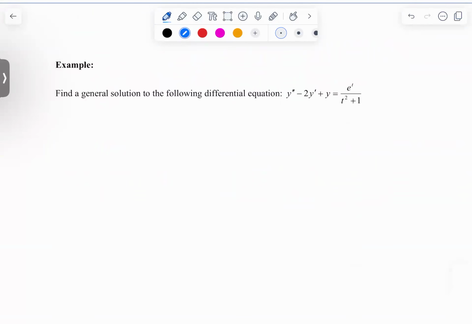All right, so start with our characteristic equation. This is already in the correct form. Again, the only part of the form is that the coefficient of the second derivative is 1.